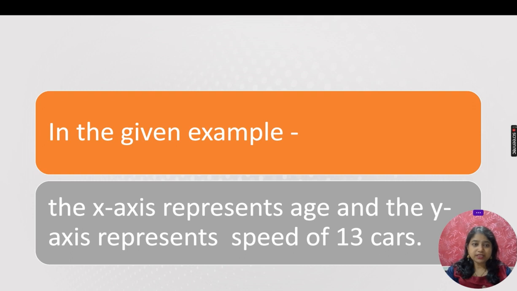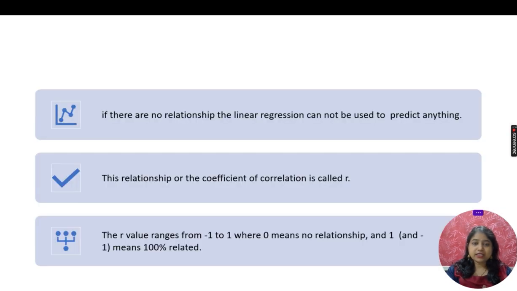This is an example where x represents the age and y represents the speed of a car, for 13 cars. So we can ask whether the age of a person depends on the speed with which the person is driving. If there is no relationship, the linear regression cannot be used to predict anything. The relationship or the coefficient of correlation is called r.